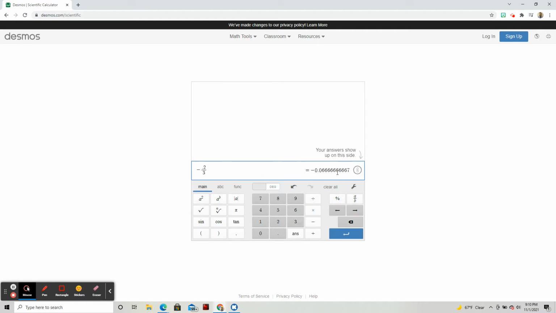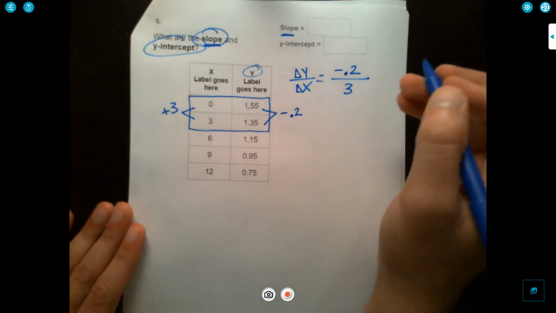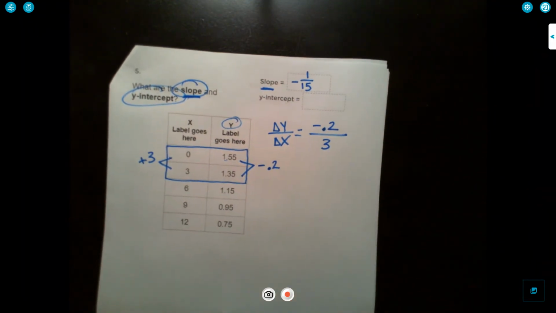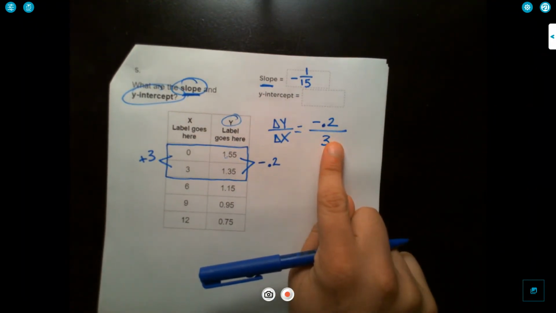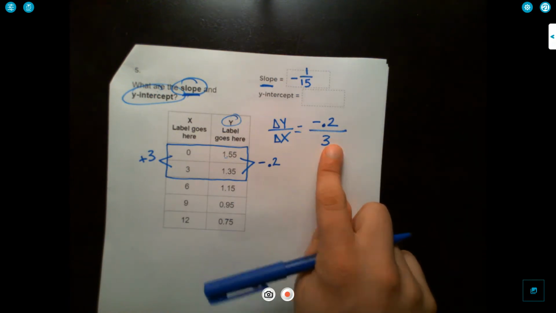They give it to us in decimal. We want to show our slopes in fractions. I'm going to flip this, so we get negative 1 over 15. So that means we have a slope of negative 1 over 15. We're going to put that as a fraction. So make sure you type that on the calculator. Change everything to a fraction if you have to.